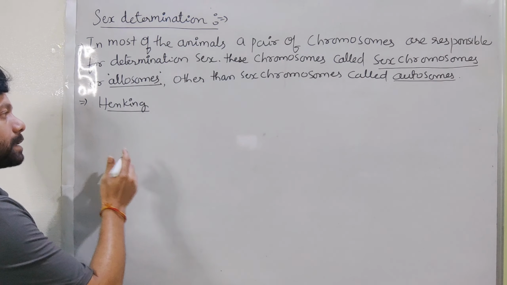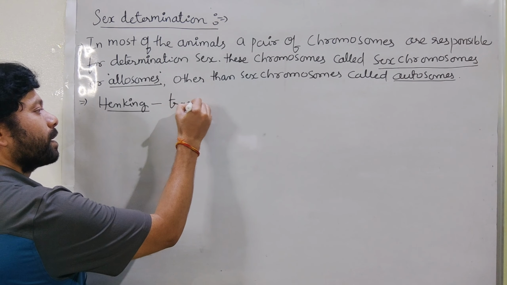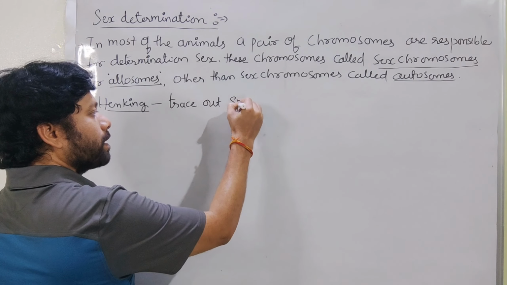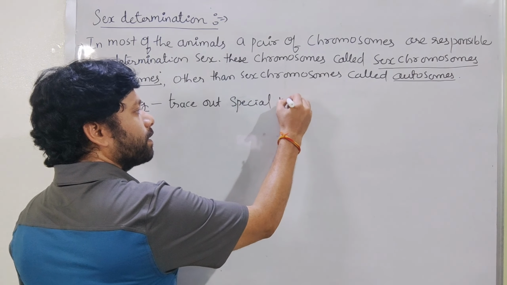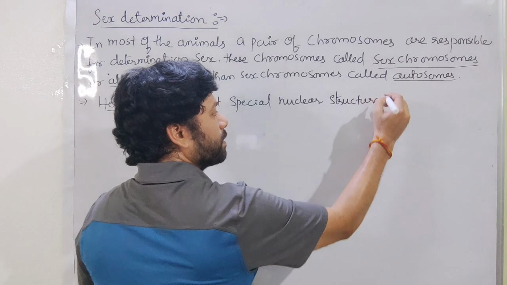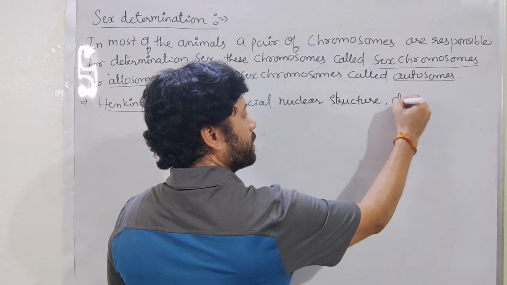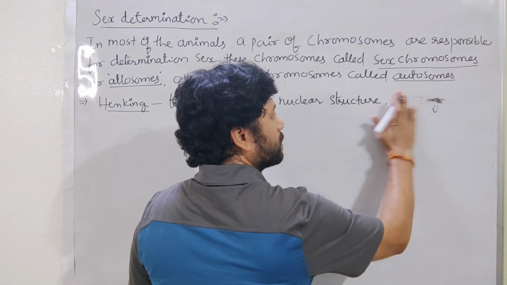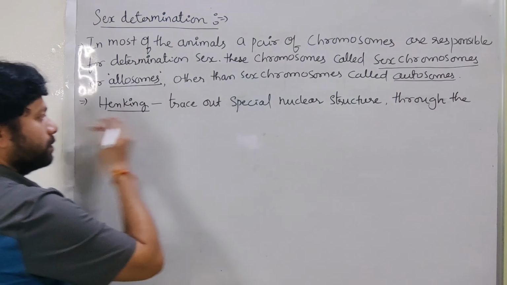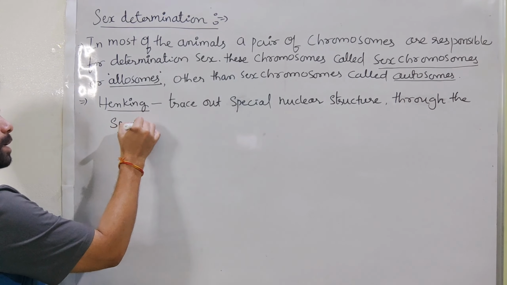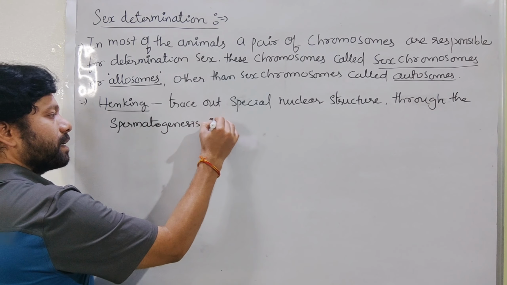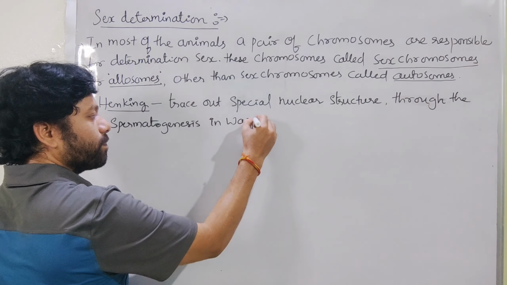So what is Henking's experiment? He traced out a special nuclear structure through the spermatogenesis in wasp.